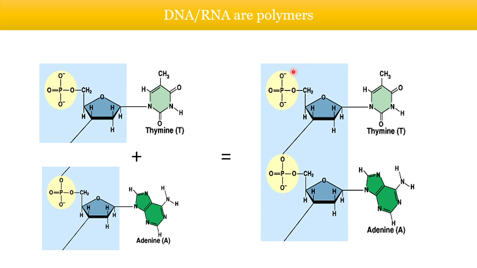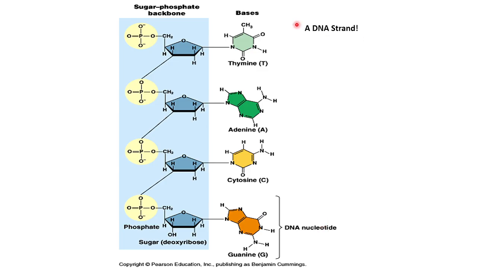So the hydrogen from over here and the OH over here is basically removed, and you get the formation of a bond, right? So addition of a thymine monomeric unit and an adenine monomeric unit gives rise to the thymine adenine, and in this way you get basically a long chain of polymers, which we call a DNA strand.